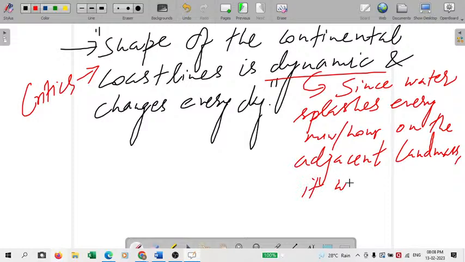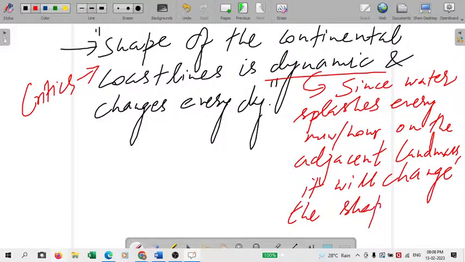It will change the shape of the coastline.